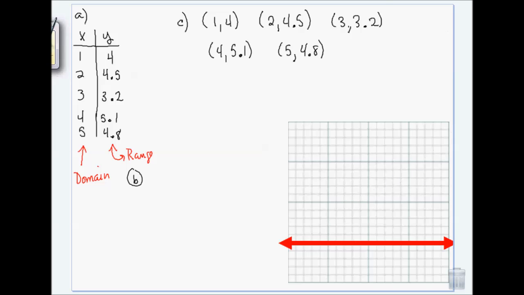So what I'm going to do is I'm going to put my axes kind of low and to the left because I have all positive numbers, and positives are up here in this corner. And then what I'm going to do is I'm going to go by 2s to give me room to put the decimals in.